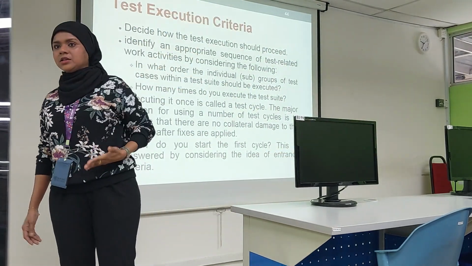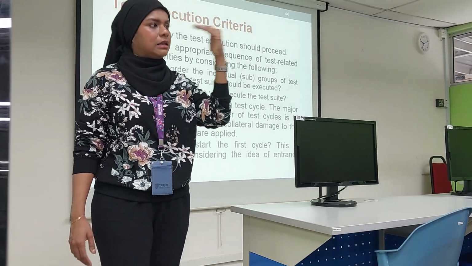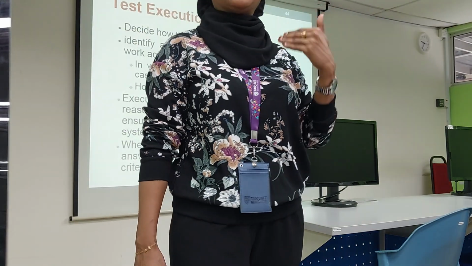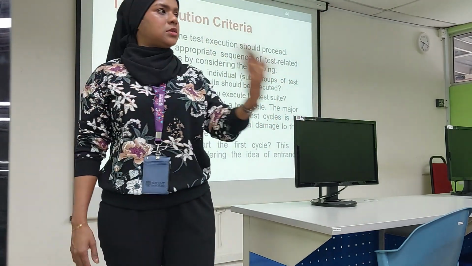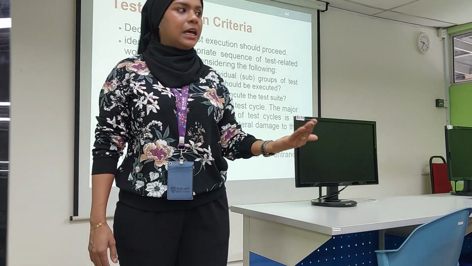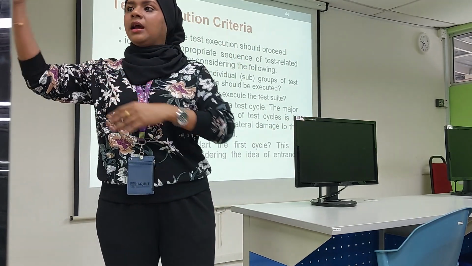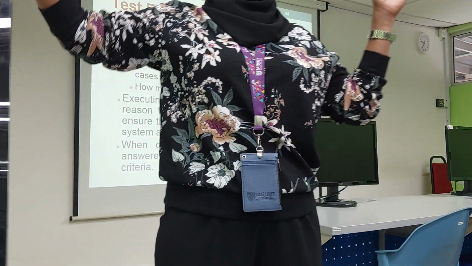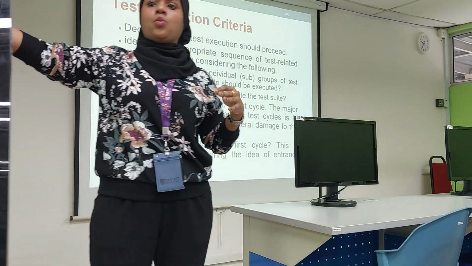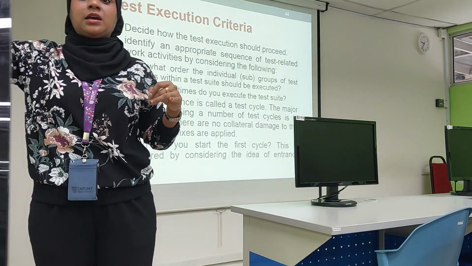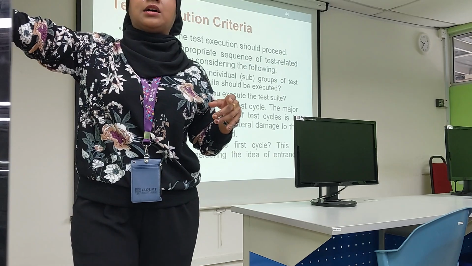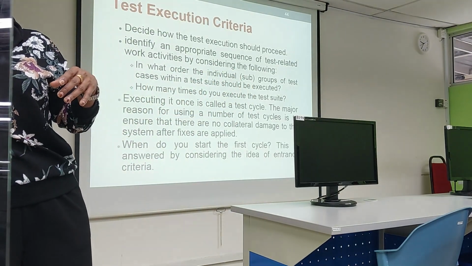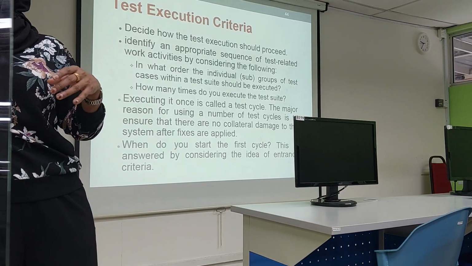So is it not better to deal with the high critical functionalities first, so that we can detect the defects earlier and spend time fixing them? If we keep this to the end, and we have only one more day left based on our testing schedule to complete the test, and you start to test the high critical and cannot fix the defect in one day, that will drag the timeline.